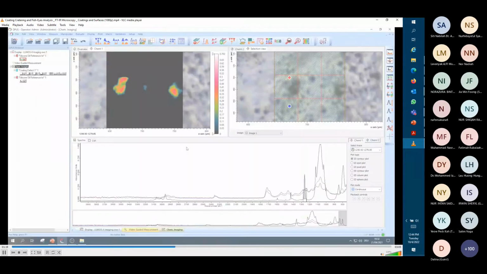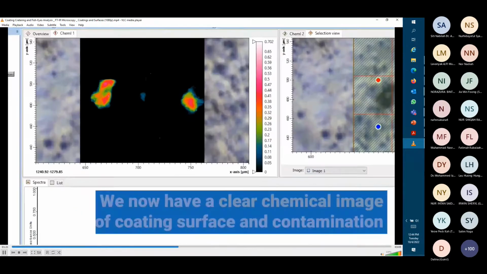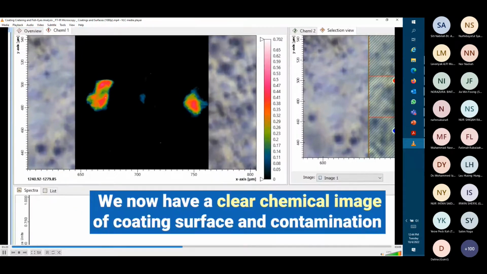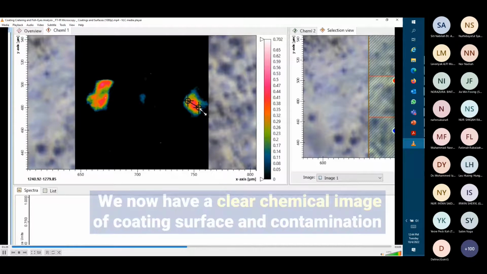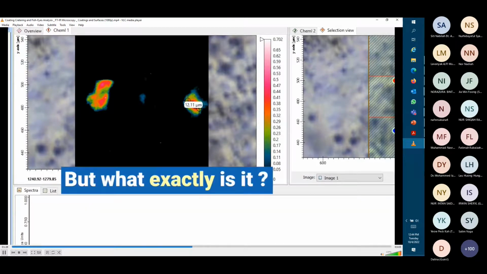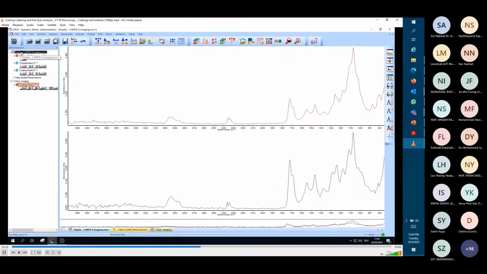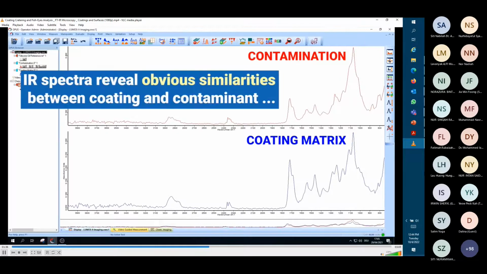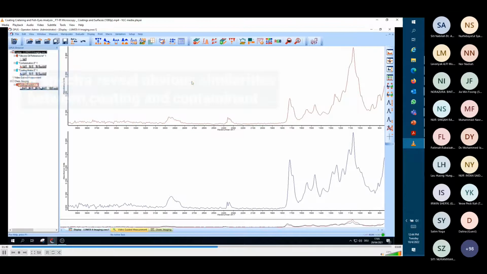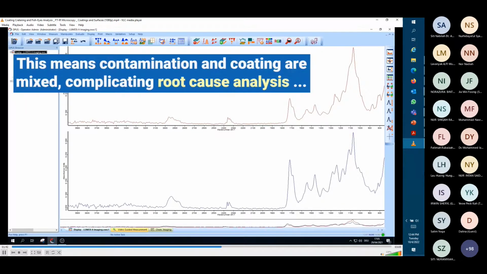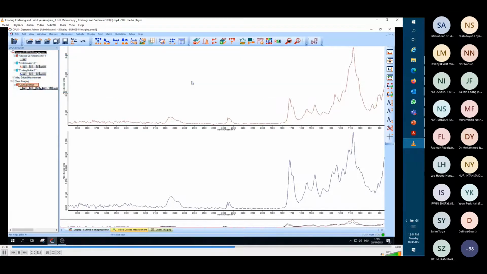With the comprehensive software, you can easily identify where the failure part or the contamination is. You can identify what exactly this compound is by subtracting your contaminations from your coatings. Then you will be able to get the identities of your contaminations.